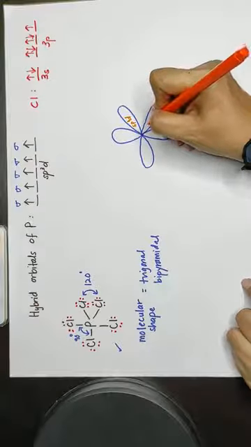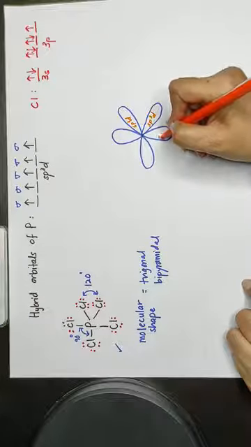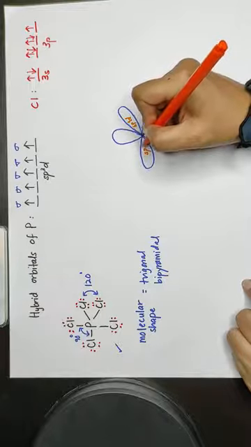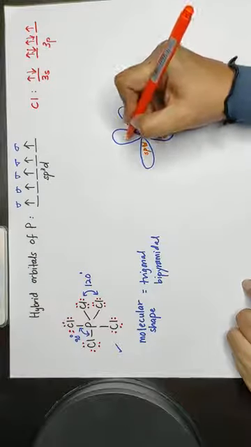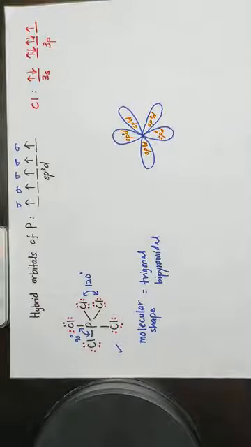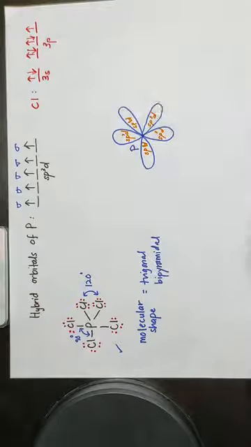So these are the sp3d hybrid orbitals of the phosphorus atom. There are 5 sp3d hybrid orbitals of phosphorus.